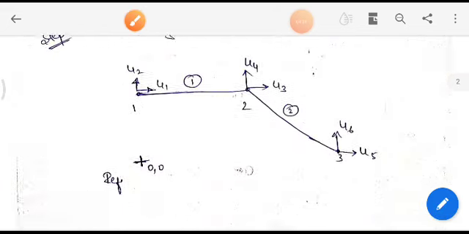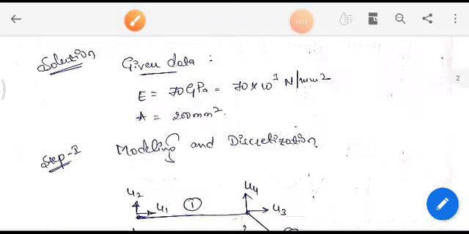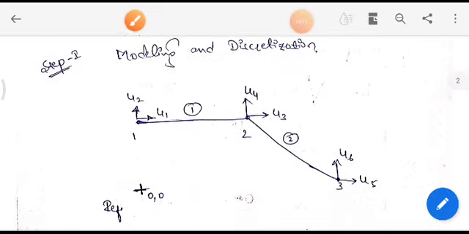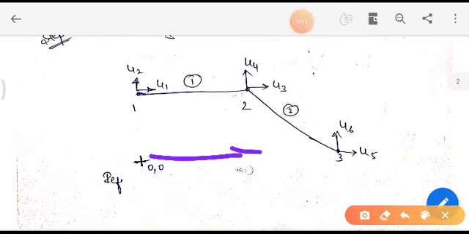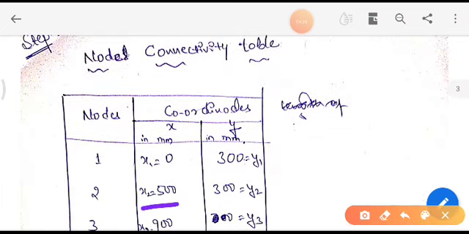Similarly, node 2 is at a distance of 500 from the fixed point in the x direction, and at a distance of 300 from the fixed point in the y direction. That's what we have written: in the x-axis it is 500, in the y-axis it is 300.